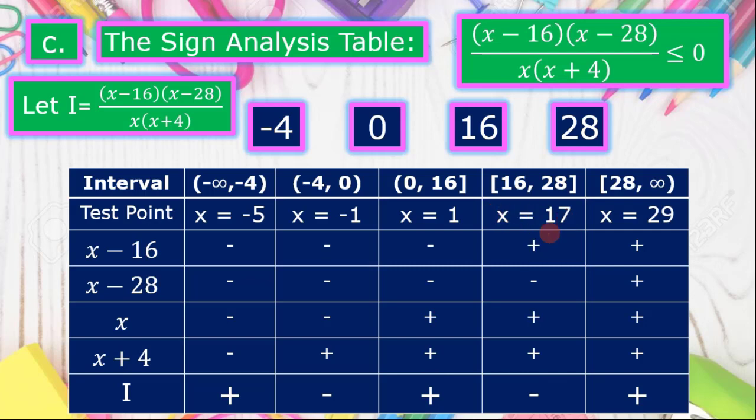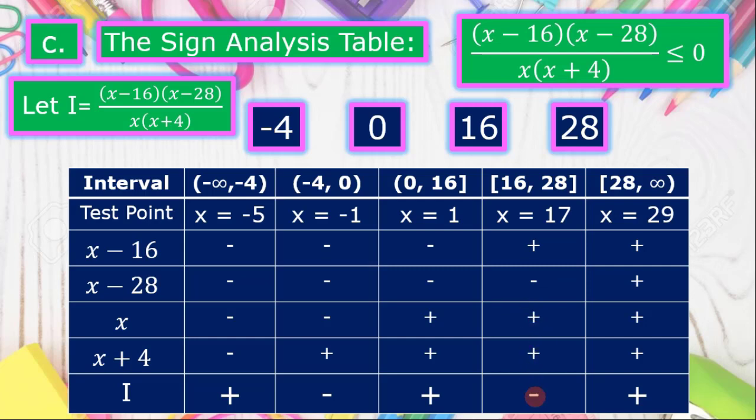For x equals 17, 17 minus 16, that's positive. Then 17 minus 28, negative. Then 17, positive. Okay. How about this one? 17 plus 4? What's your guess? It's positive. You can see it. And you're correct. Then we have positive times negative. It's negative over the positive.